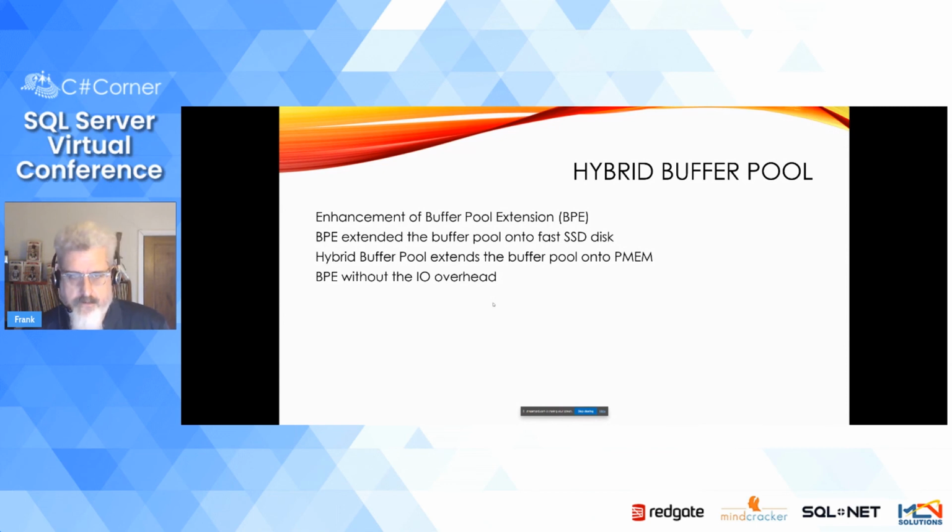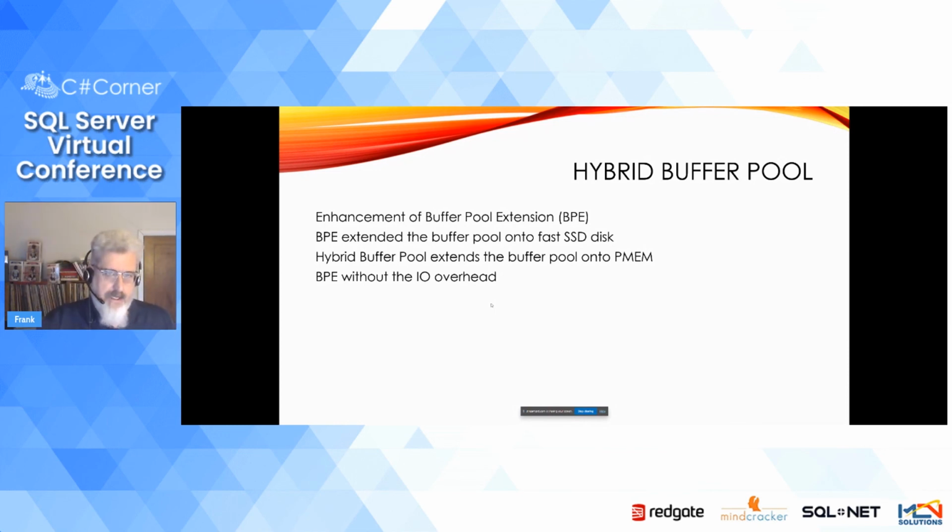So what hybrid buffer pool does is extend that idea and put the buffer pool extension onto this persistent memory. It gives you the advantage of BPE, allowing you to extend the size of that RAM without the I/O overhead of the SSD. A couple of things to note here.